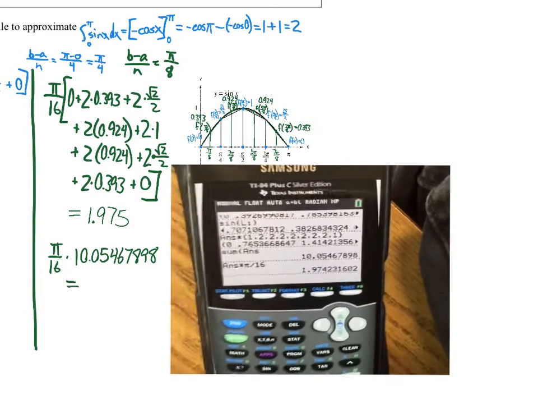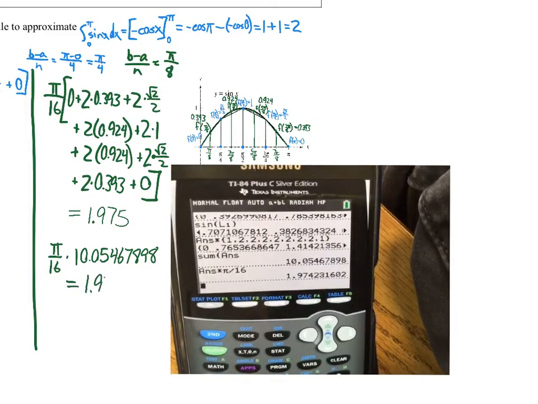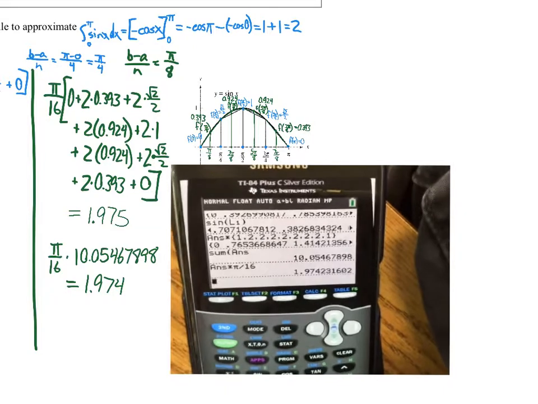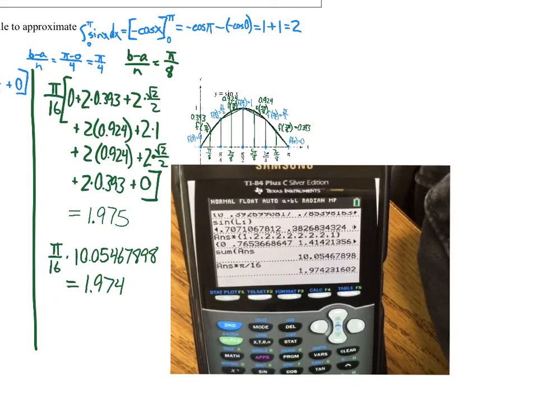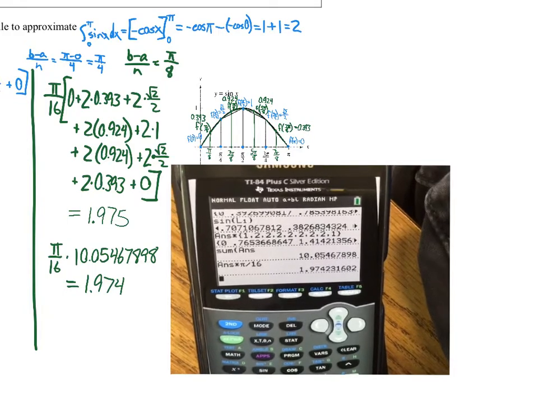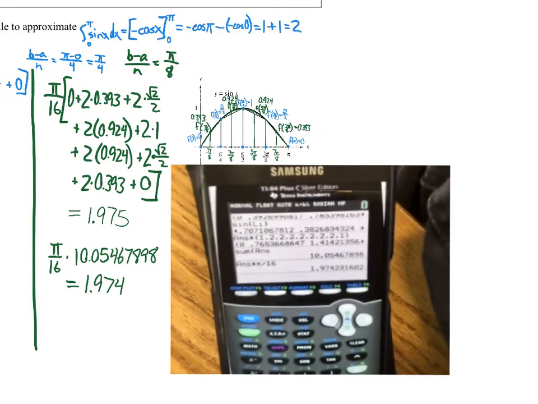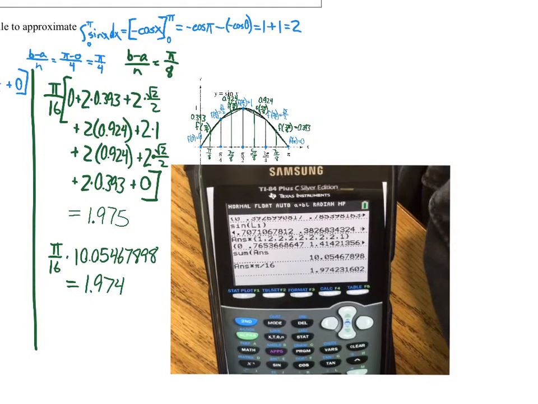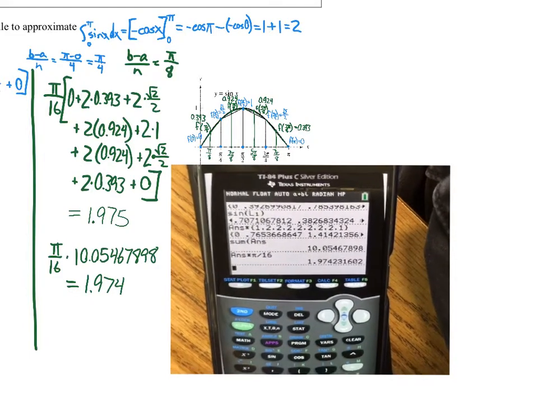I feel like just writing it out is easier. If it's easier for you, go for it. I think if you guys tried it a few times and you got the hang of it, it's not too bad. Okay? So, that's how you can do it with the calculator.